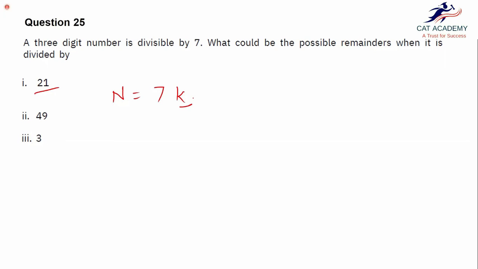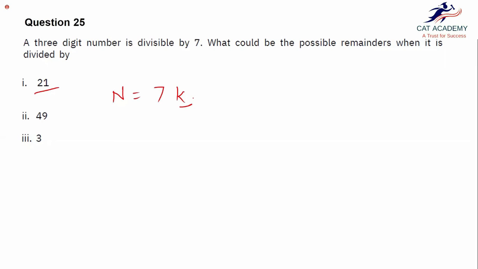Maybe your K is 15 or 16 or 19. That makes my 7K 3-digit, like that. Okay? So my remainders are 0 or 1 or 2. Any general natural number in the world, if I divide by 3, my only possible remainders are 0 or 1 or 2.